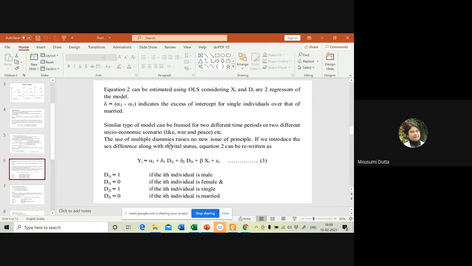The use of multiple dummies raises no new issue in principle if we introduce the sex difference along with the marital status.